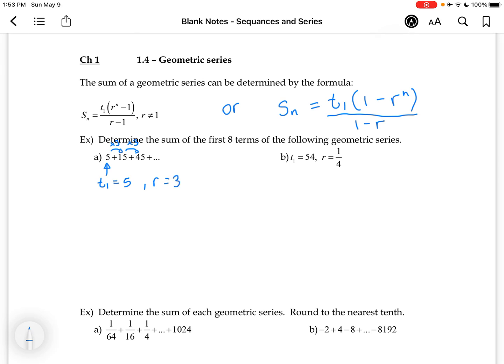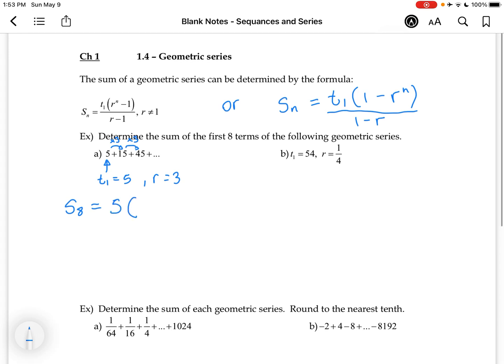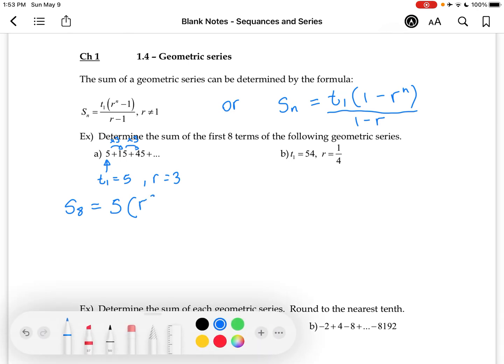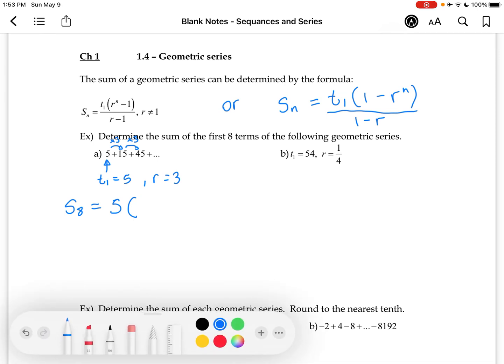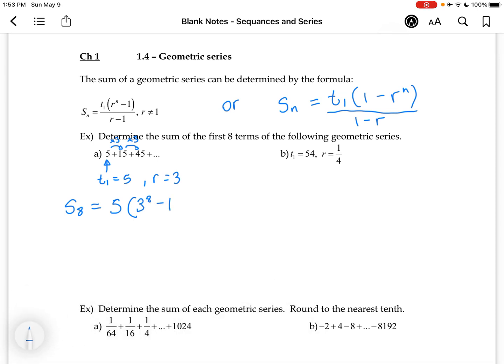Once we know those two, we can just plug those values into our formula, and we will get that S8 equals T1, which is 5, times R to the 8, or sorry, 3 to the 8, because I'm going to actually fill in values here. In general, it's R to the 8, but we know what R is. It's 3 to the 8 minus 1 over R minus 1. 3 minus 1.